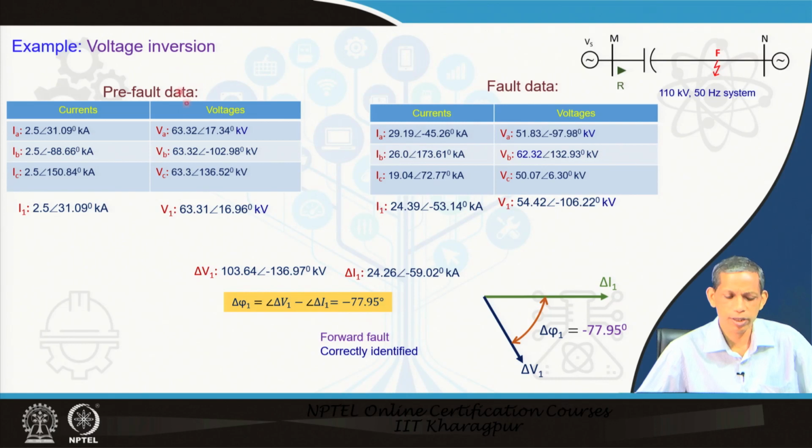For the voltage inversion case, similarly, for the same sets we have seen earlier, the delta V 1 and delta I 1 are calculated, and we found that the corresponding phasor positions are lagging. Here also, because the angle is negative, the fault is a forward fault, and the relay algorithm based on the Poetis-Hughes superimposed component finds the fault properly.